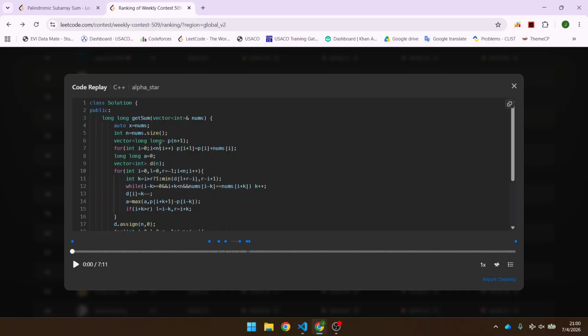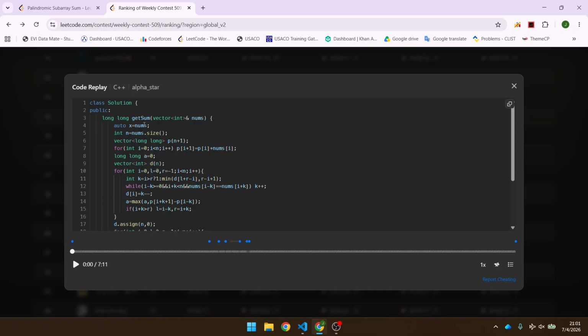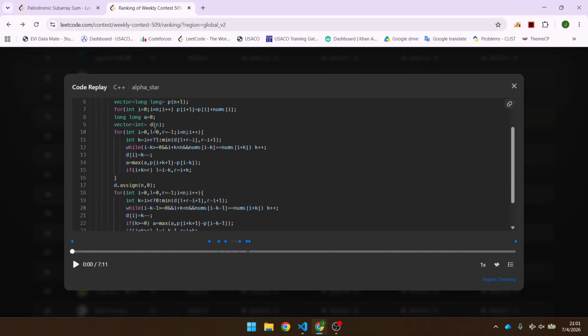Okay, so let's see. Prefix sums, right? So we make a copy, and then we do a prefix sums. Make a copy of the array, make a prefix sums. What does this do?